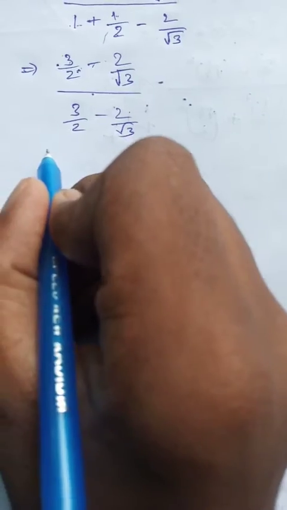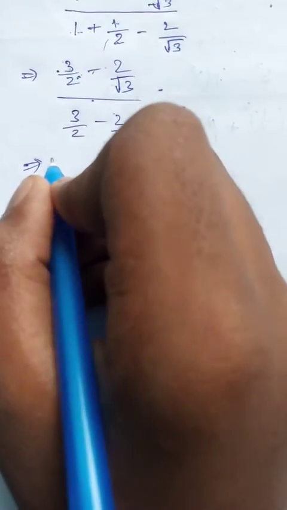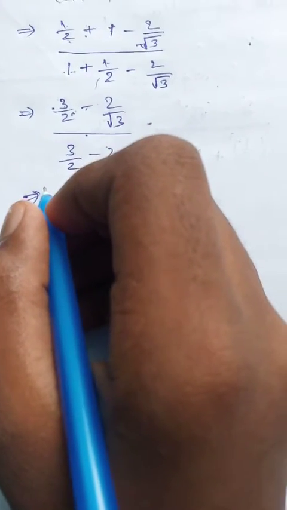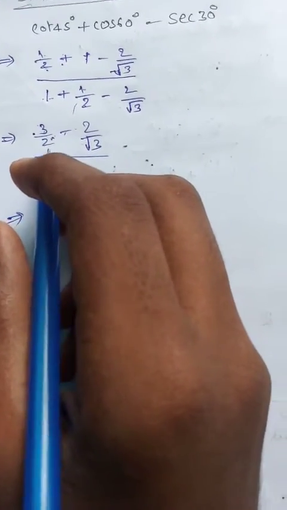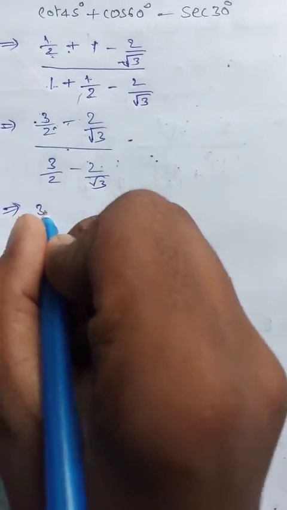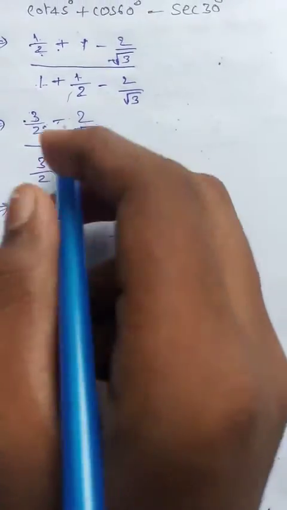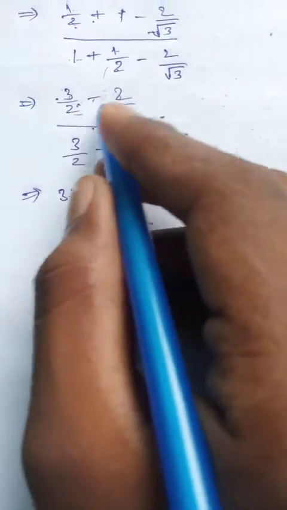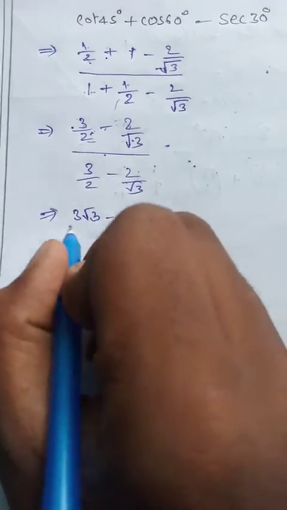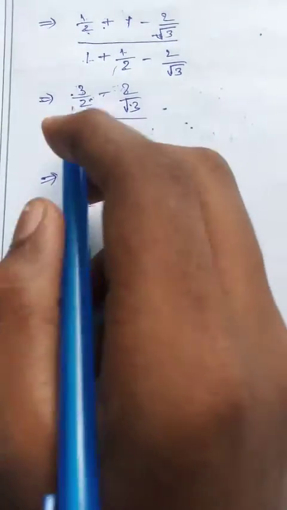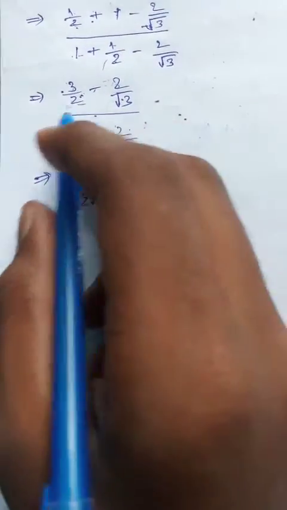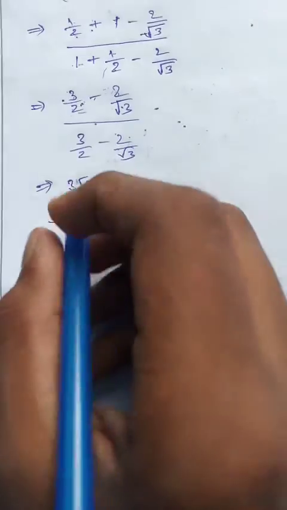After this we have to simplify, so we have to subtract both of them. 3 root 3 root 3, after that 2, that is 4, and for the same denominator we take the LCM of both, that LCM is 2 root 3, and subtract both.